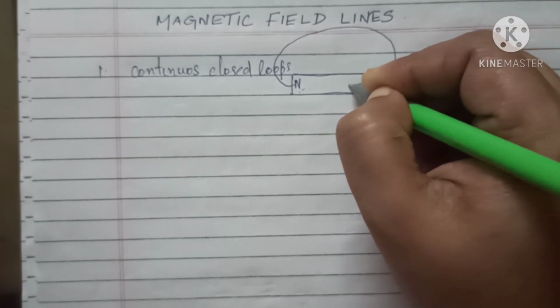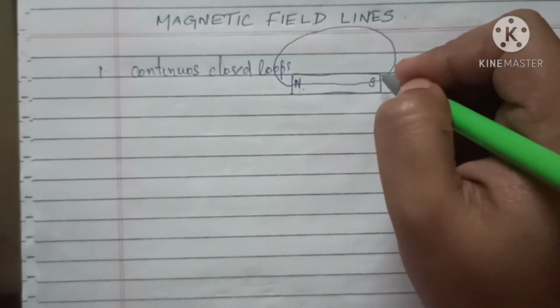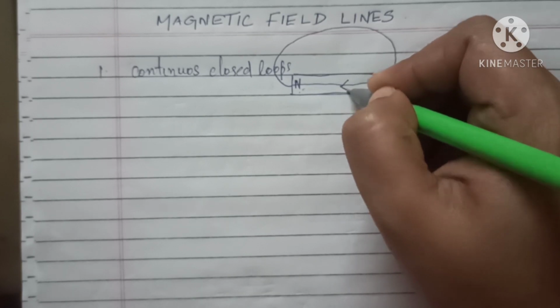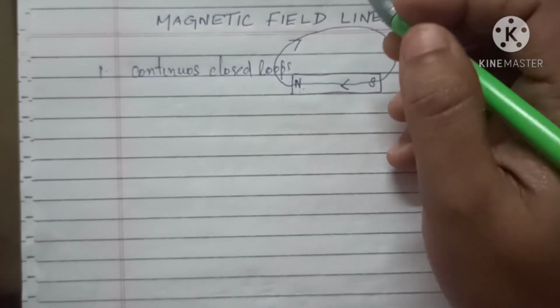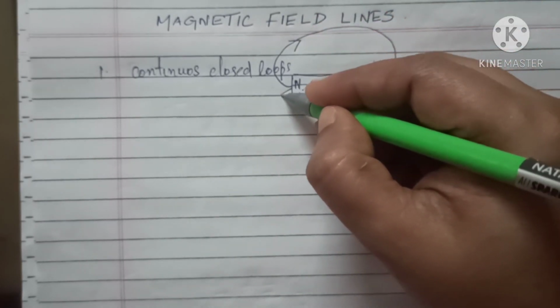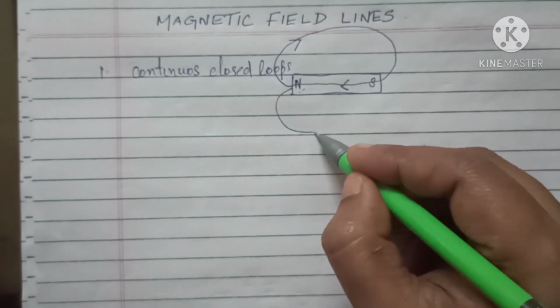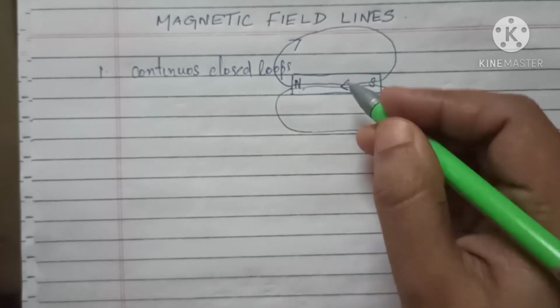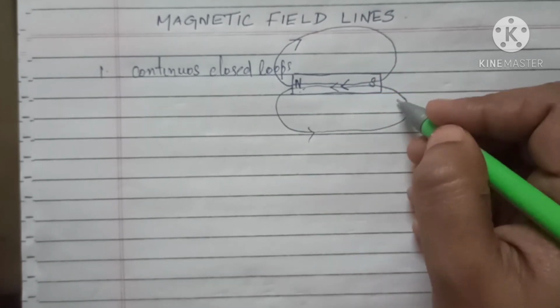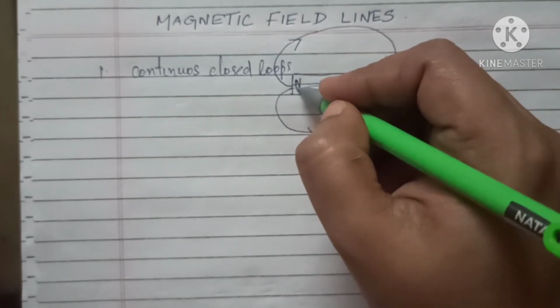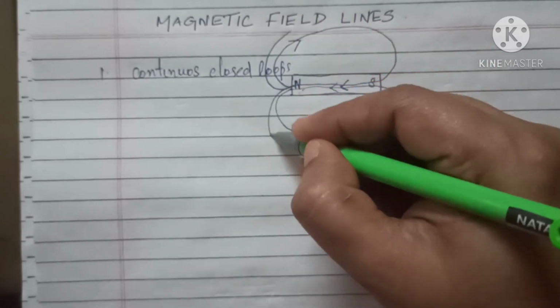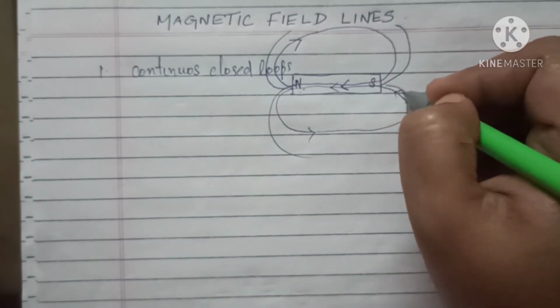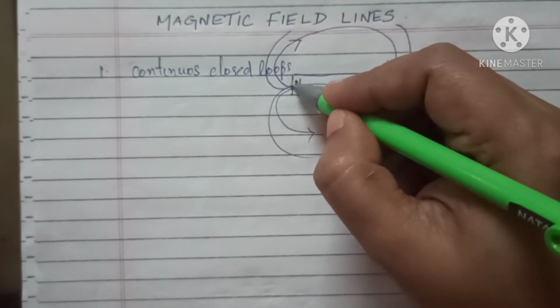Okay, and inside the magnet it will be from south to north, and outside it is from north to south. Okay. Similarly, you can draw large number of magnetic field lines like this.